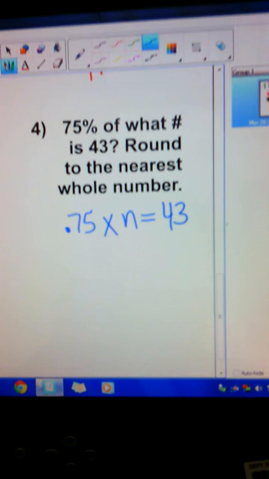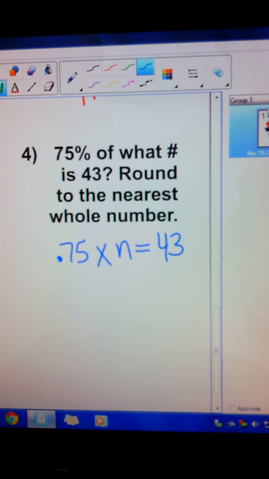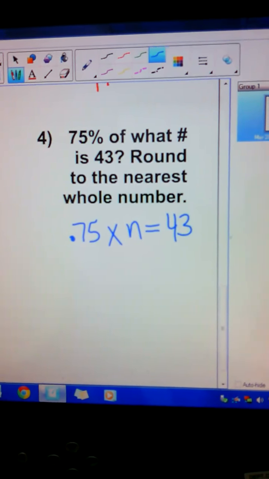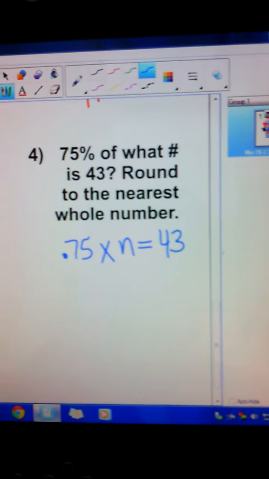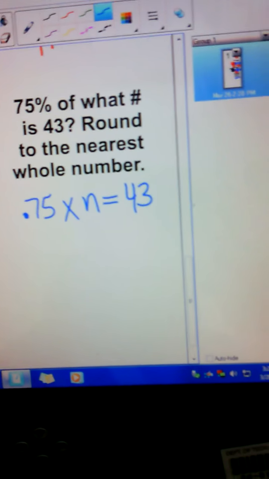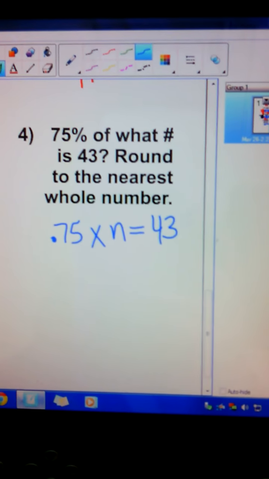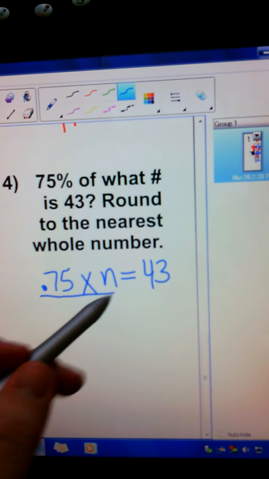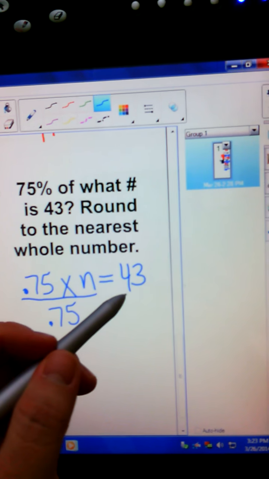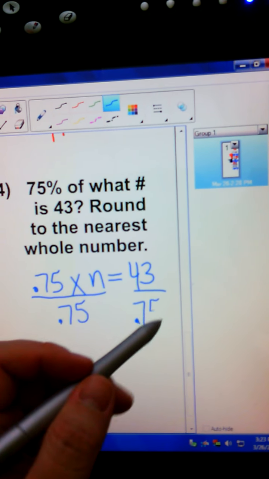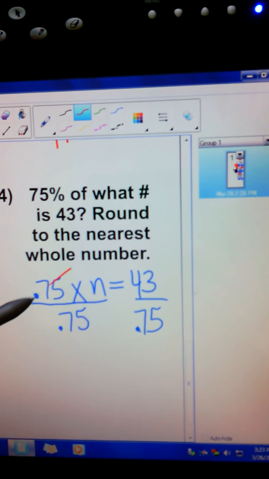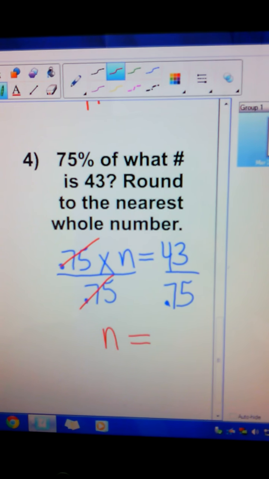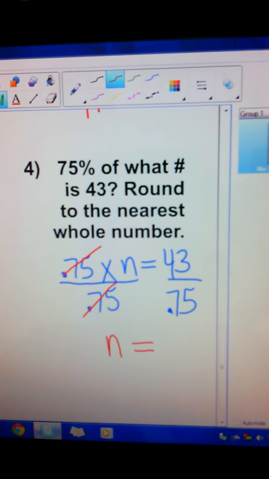Now, this sounds like a strange question, but to solve this problem, would you multiply or divide? Yes, you would divide. In this case, you would divide both sides by 0.75. All right, the 0.75s cancel out, and we need to divide 43 by 0.75.